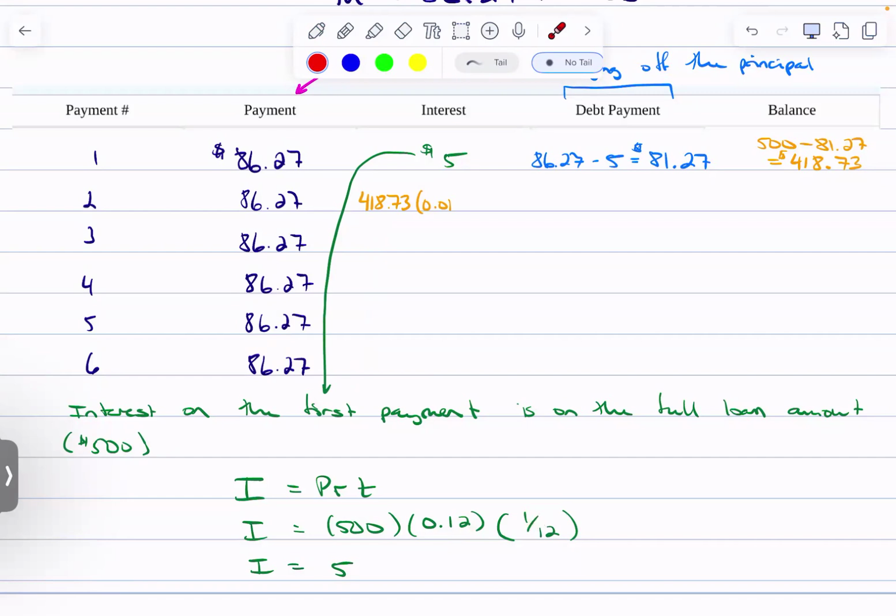And so that's always going to be the case. I get 4.1873, but the bank works in 2 decimal places, and so you'd have to round that up to 4.19.